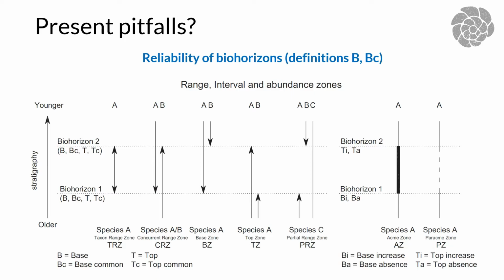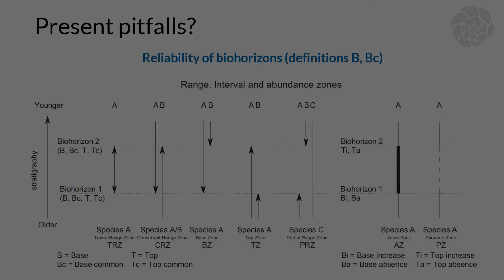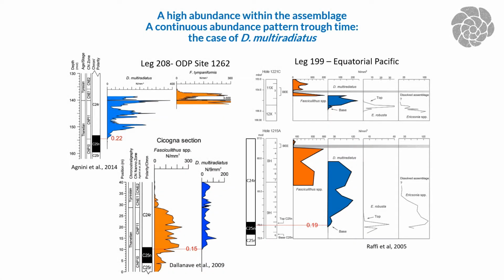But the more important thing is that you remember that biozones are defined by a base and by a top, by different kinds of biohorizon. And based on the fact that you use different kinds of biohorizon, the names of these biozones are different. But we will concentrate on the biohorizon. So especially I will provide you an example.